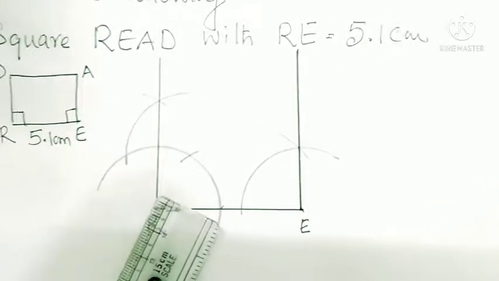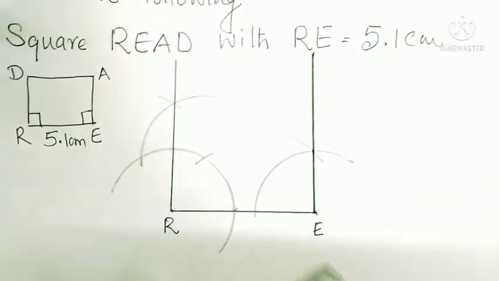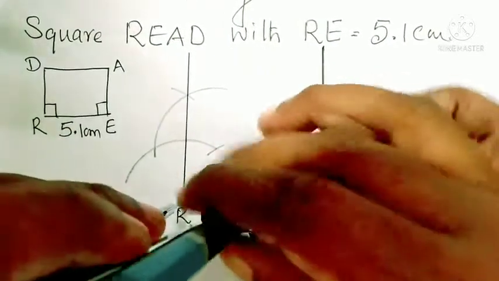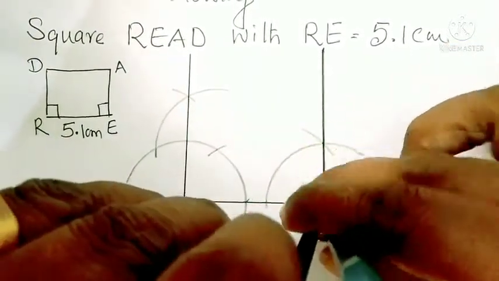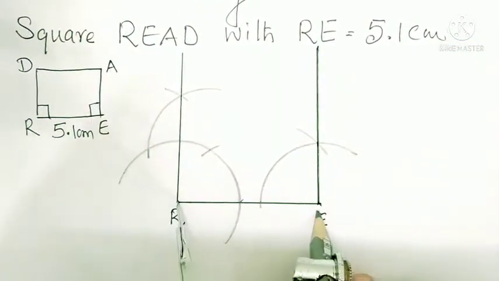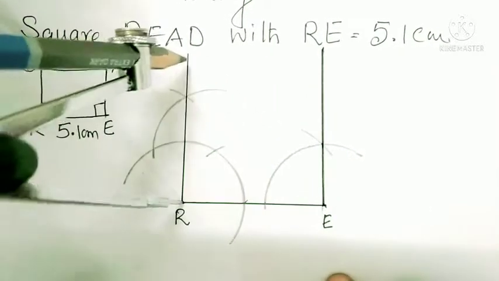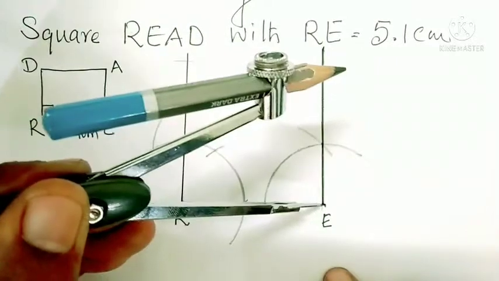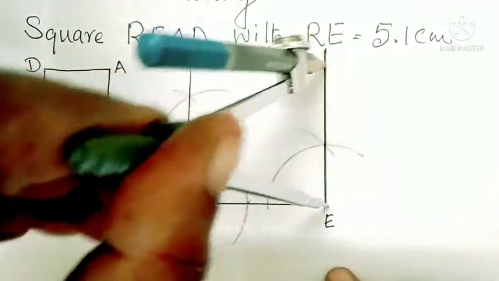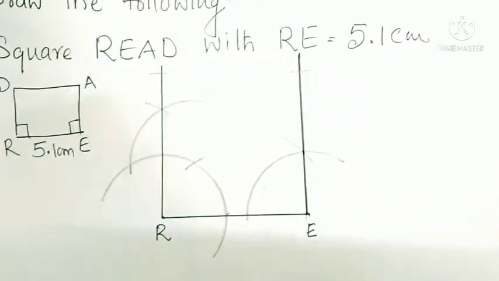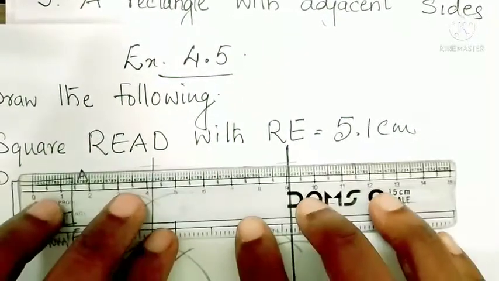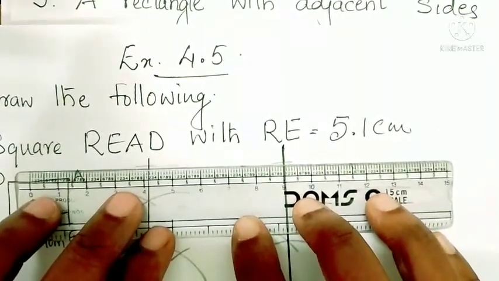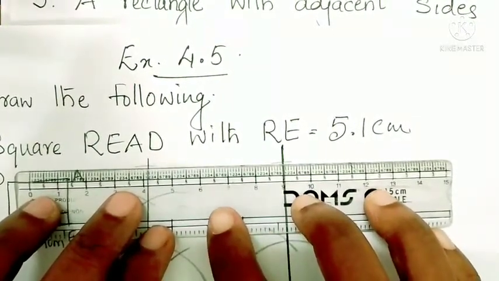Now what we have to do, take the same length. Which length? This length, from here and from here, and then join the two points.